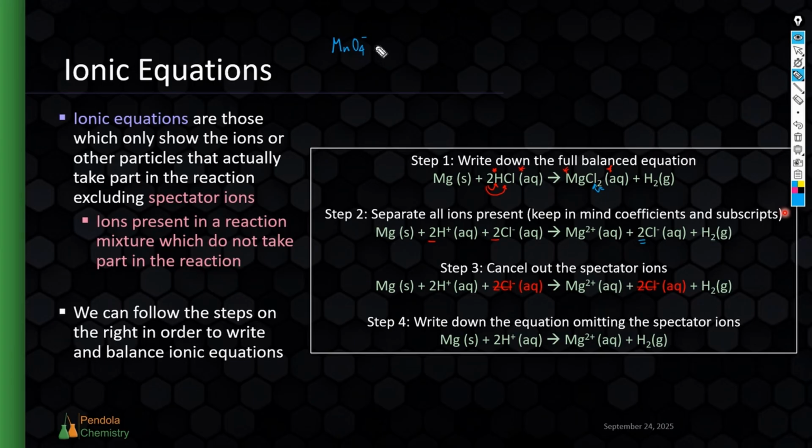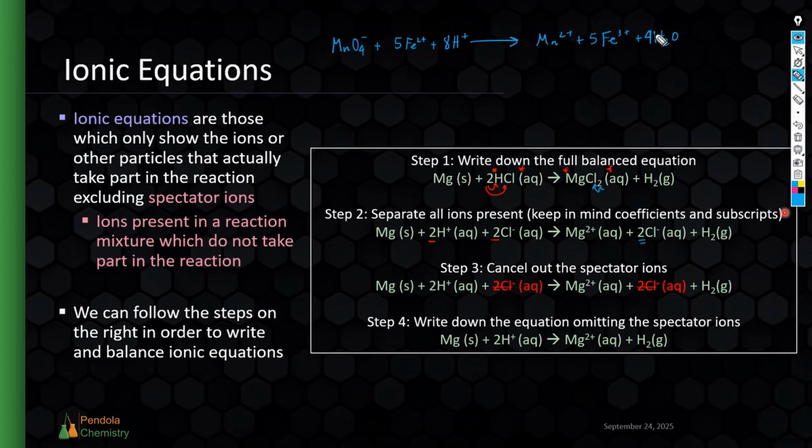MnO4- reacts with 5Fe2+ and 8 hydrogen ions to create Mn2+ plus 5Fe3+ plus 4 waters. So this is a reaction between permanganate and iron.